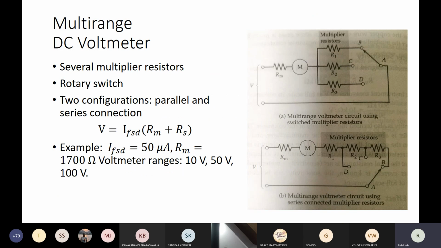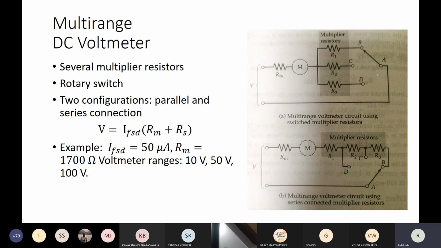So similar to your multi-range ammeter, where we used multiple shunt resistances in parallel, or in the case of Ayrton arrangement, where they were connected in series, one can choose multiple resistances connected in series with the given meter to choose the range for voltage measurement.